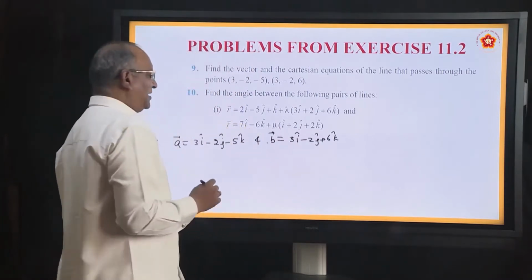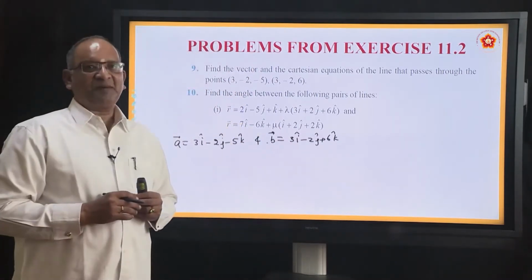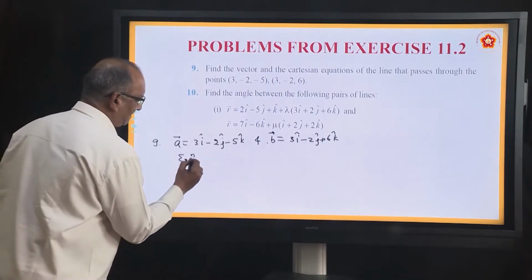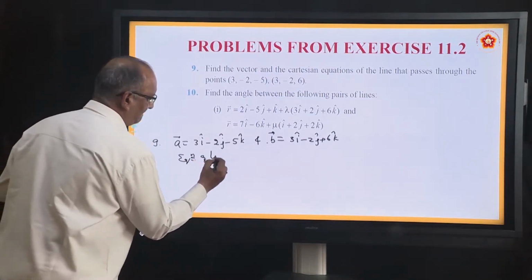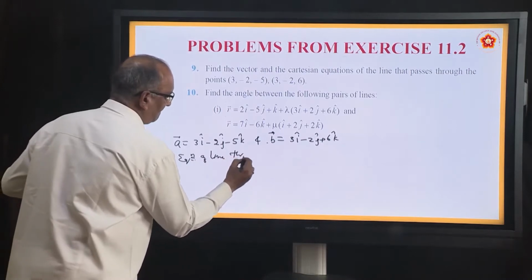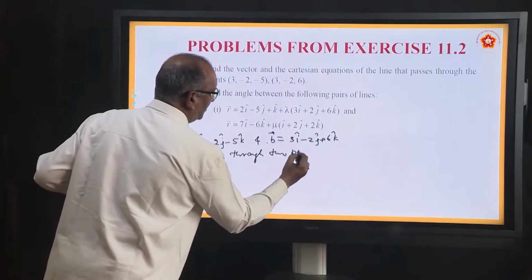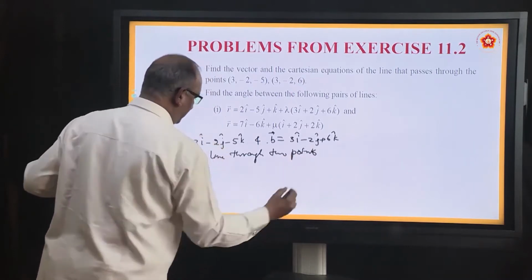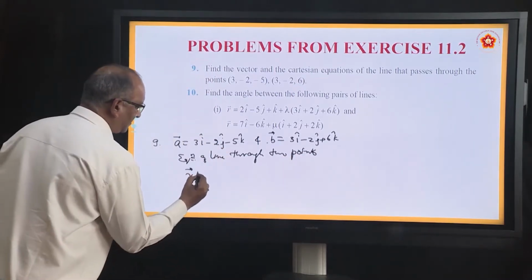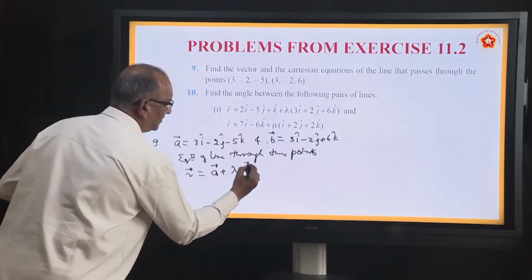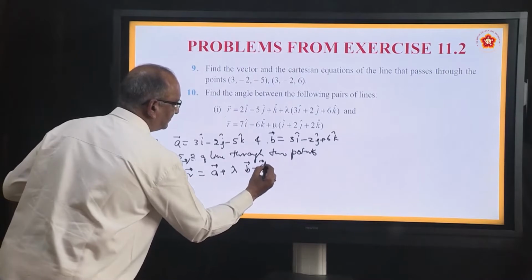What is the formula? If the line is passing through 2 points, the equation of the line is given by r equal to a plus lambda times (b minus a).